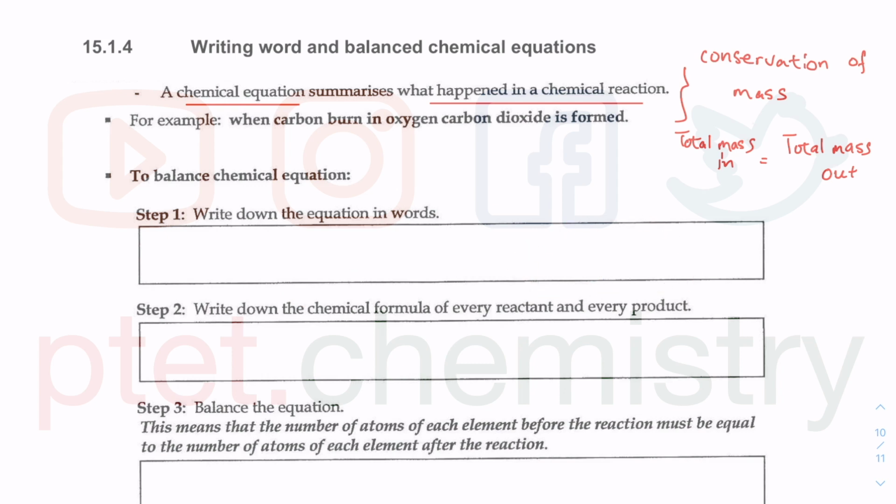So for instance, carbon burns in oxygen and you get carbon dioxide. Let's write it down in words first: carbon plus oxygen gives carbon dioxide. Each of these are substances which you have come across, whether from lower secondary science or from my previous tutorials.